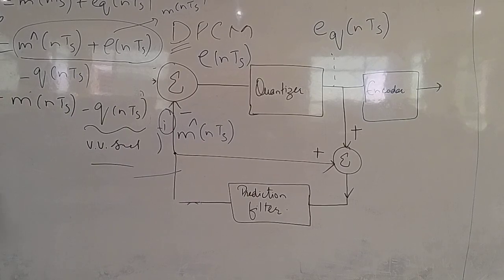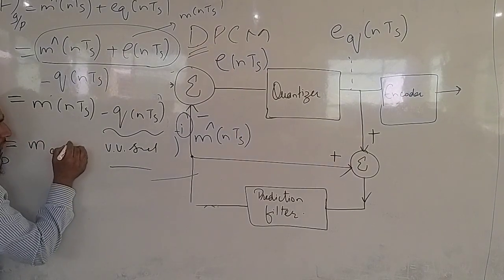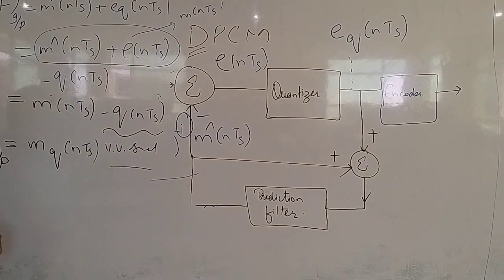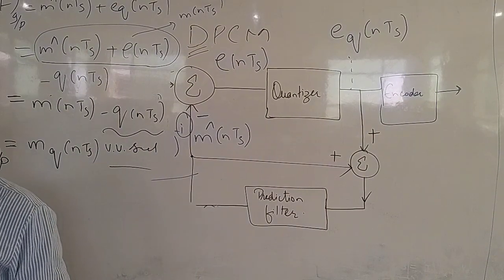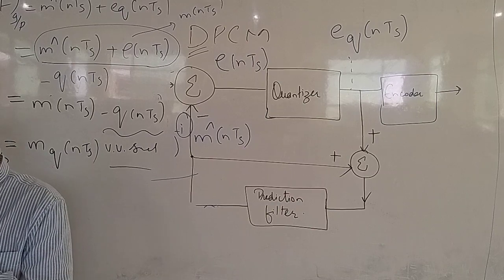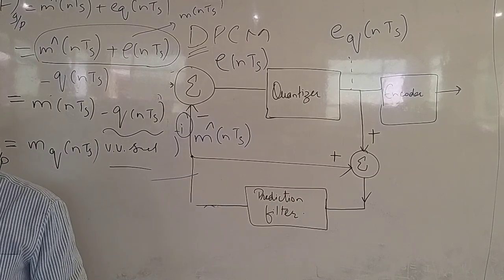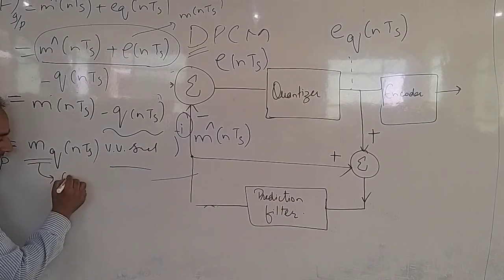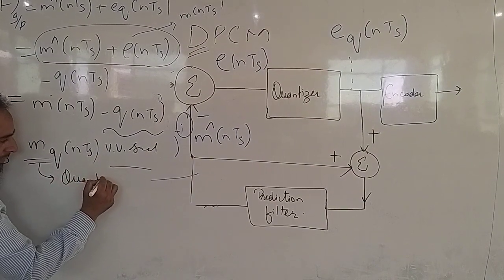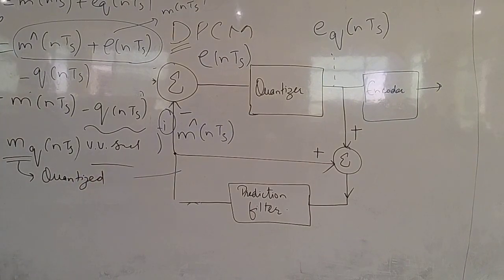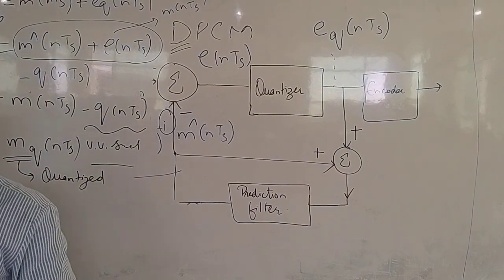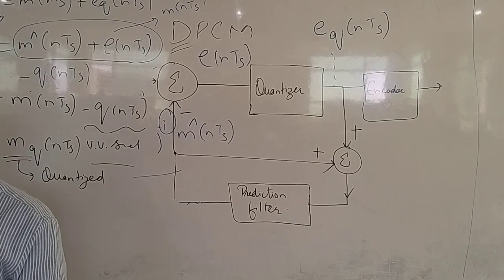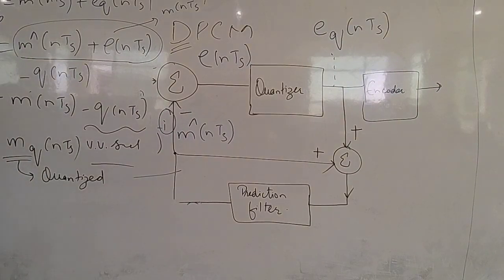Therefore, prediction filter का जो input होगा, that is given as mq of nt of s, where mq of nt of s is the quantized value of the given signal.